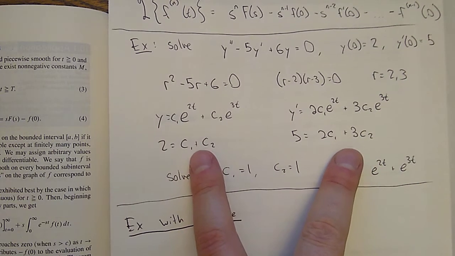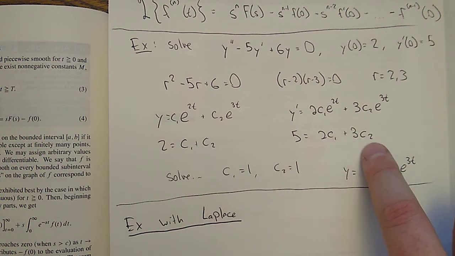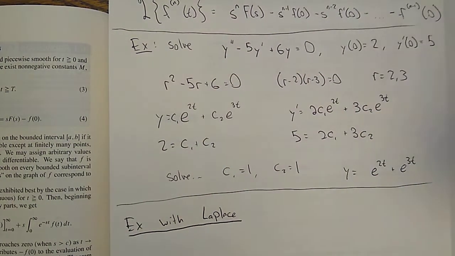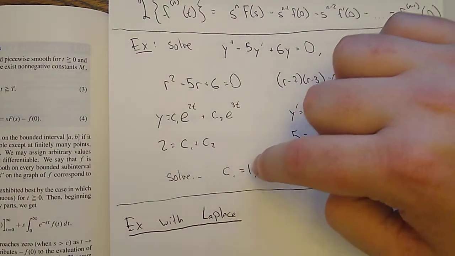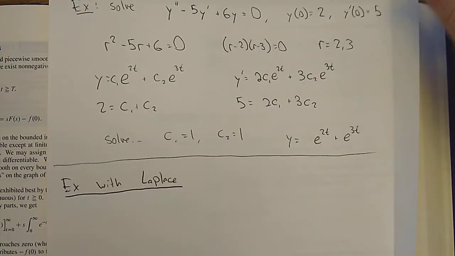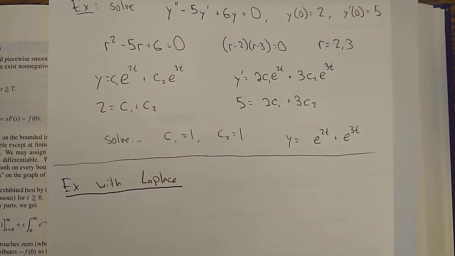We would solve this system. C1 plus C2 is 2. 2C1 plus 3C2 is 5. I didn't really show the work for solving that, but you would get C1 and C2 are both 1. So our final answer would just be e to the 2t plus e to the 3t. And that's all stuff that we already knew how to do.